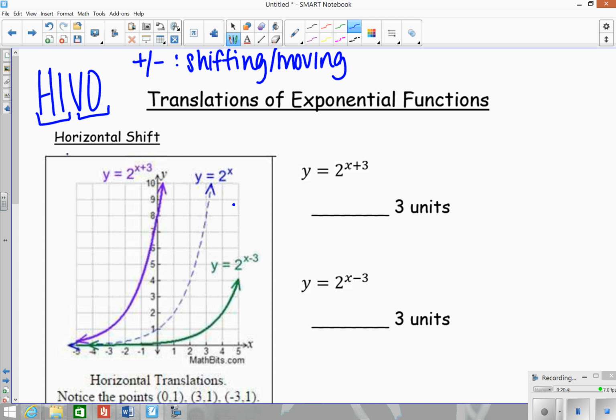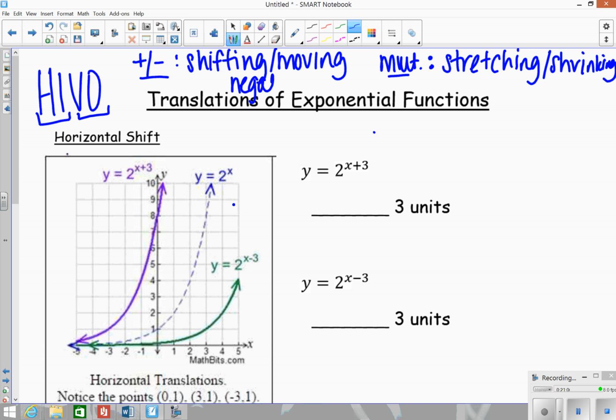If you're multiplying, that means you're going to be stretching or shrinking. And if you are multiplying by a negative, negatives are going to tell you that there's some kind of flip happening.